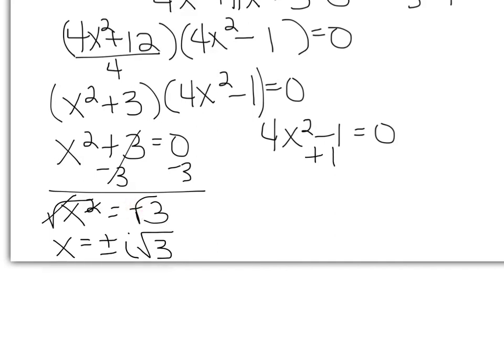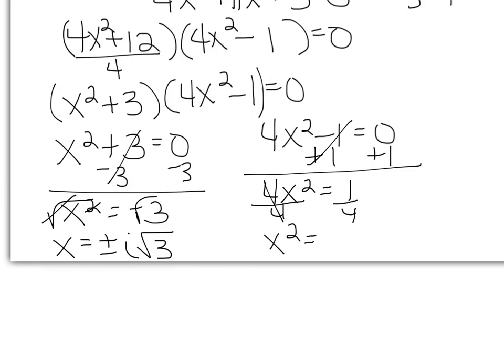And then over here you're going to add 1 to both sides, leaving you 4x squared is equal to 1. Divide both sides by 4. X squared is equal to 1/4. Square root both sides. Square root and square cancel, leaving you x equals plus or minus the square root of 1/4.